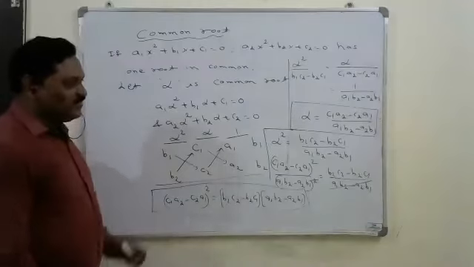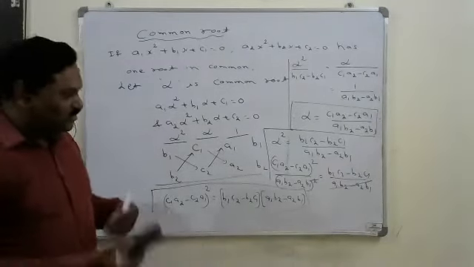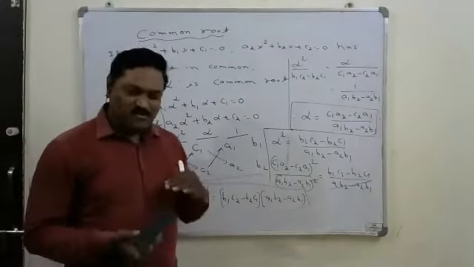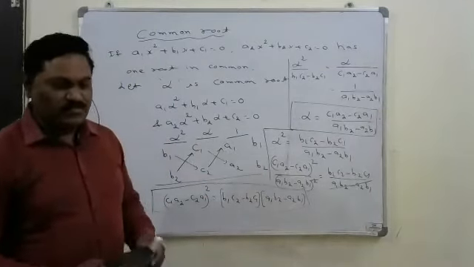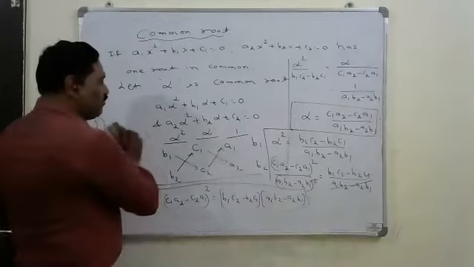That's why don't remember this formula as it is, because you get confused about which one to take, C1A2 or C2A1 etc. So we will remember this formula in another way.